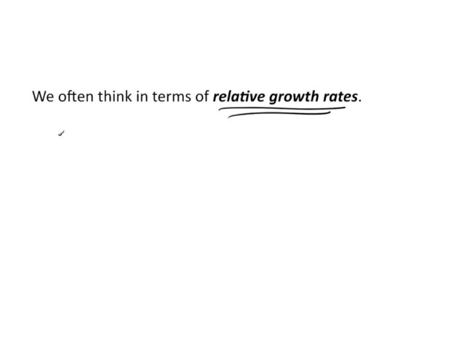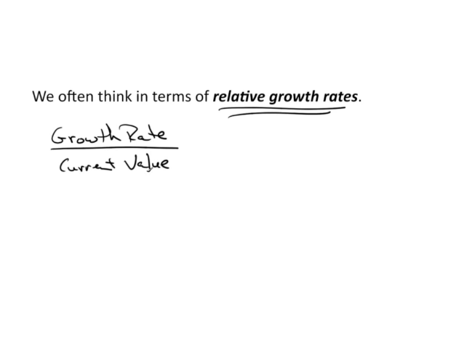And the way we think of it here is the current growth rate divided by the actual current value. One way to think of that is how fast this function is growing now relative to its value right now. And I can represent this as f prime of t, there's my growth rate, divided by f of t. F of t is going to be the current value.